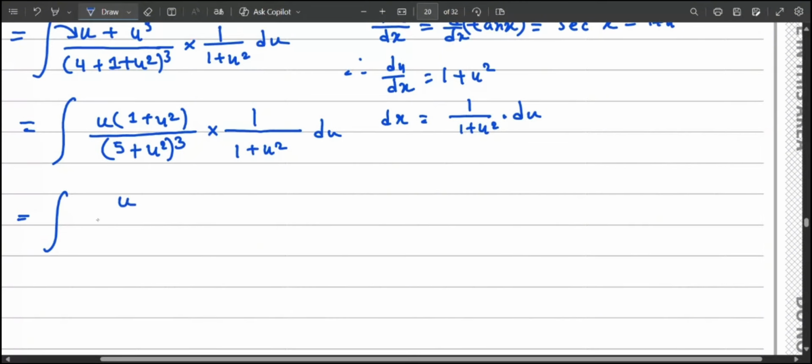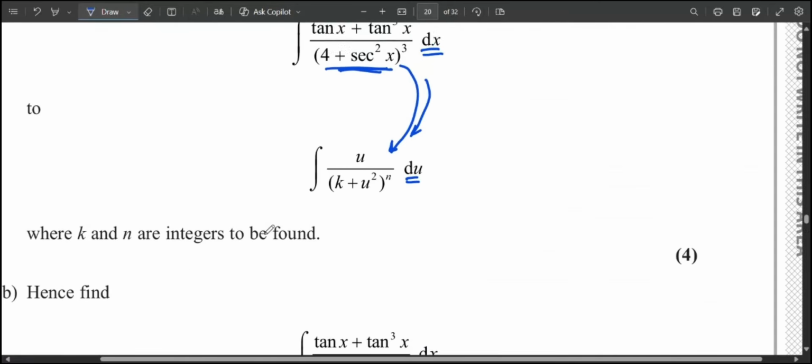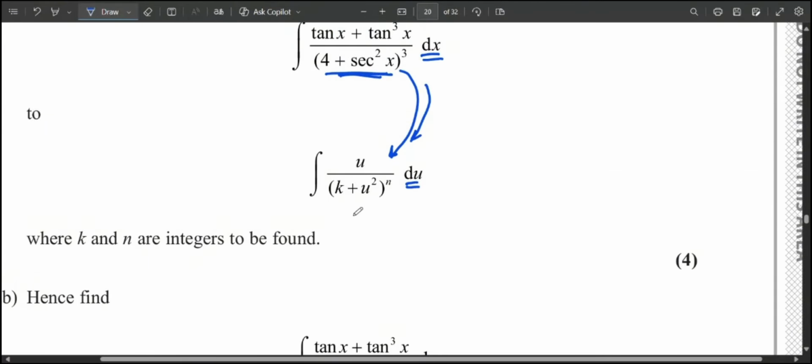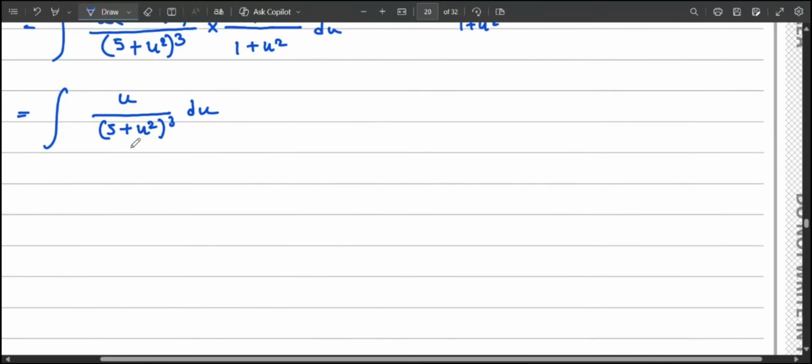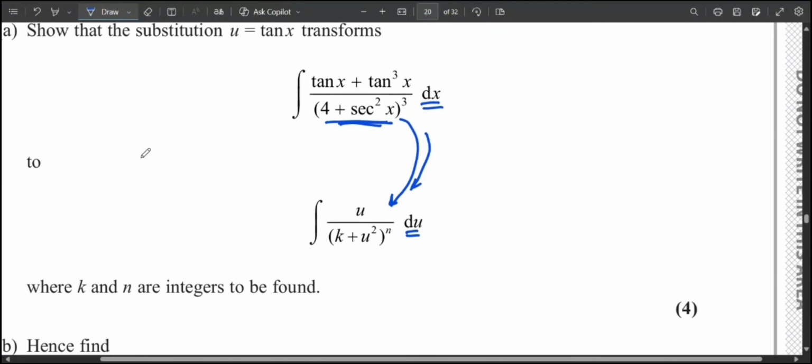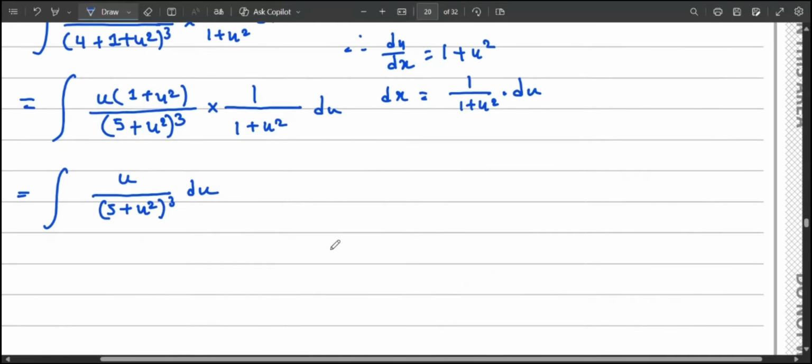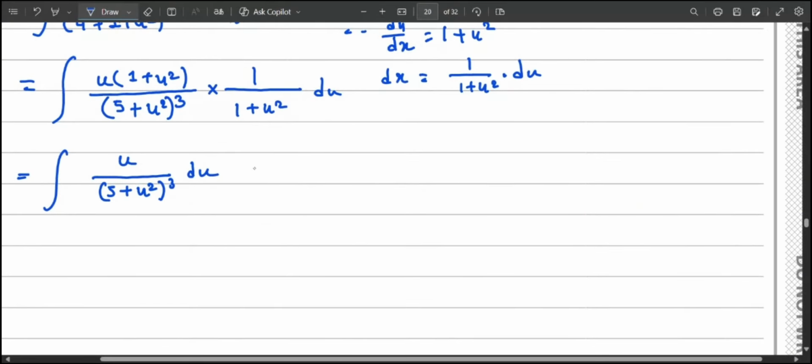This will give us u divided by (5 plus u square) to the power of 3 du as our simplified expression for the integration. And we can see that the format we have as our answer is exactly similar to the one that is required by the question. So we can just compare this with the one given in our question.